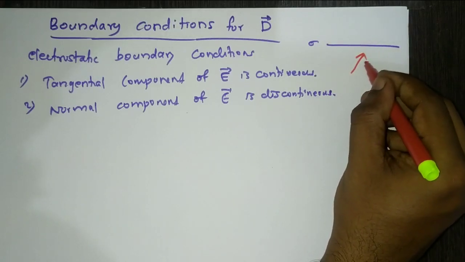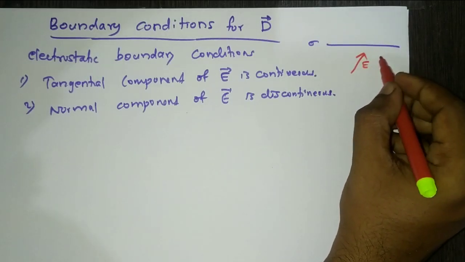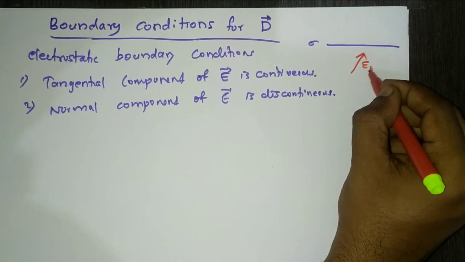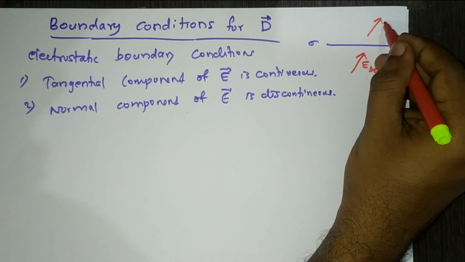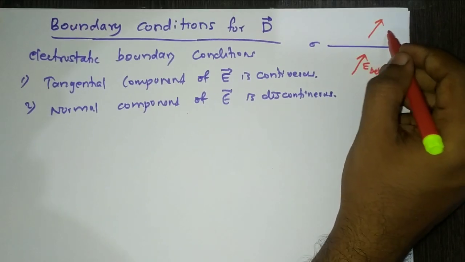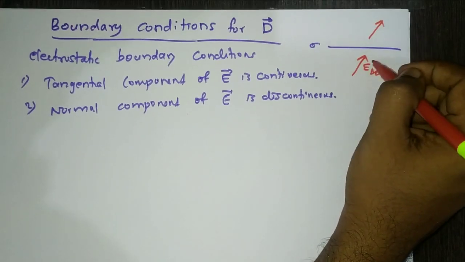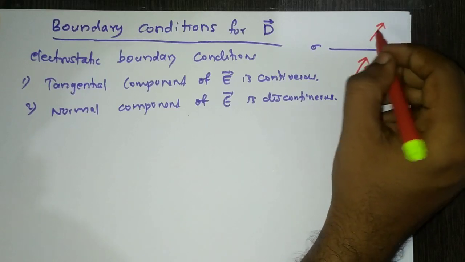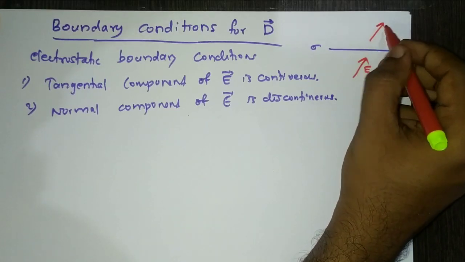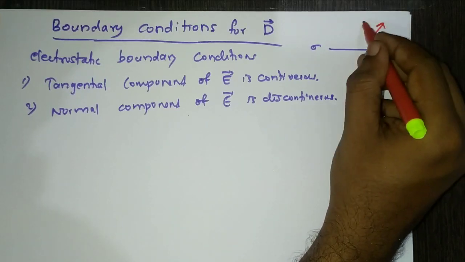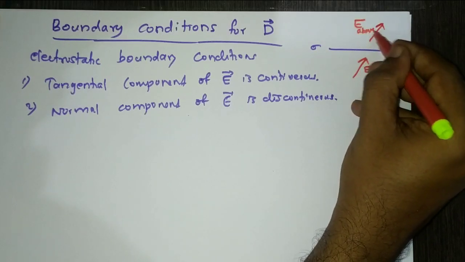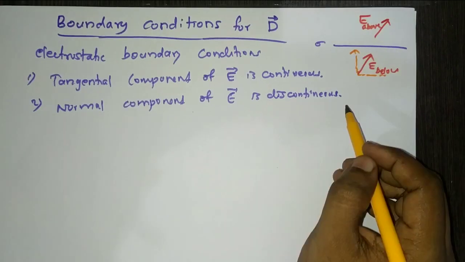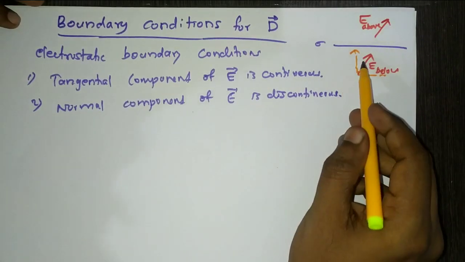Therefore, I can write this as E below, and the boundary conditions will help you to determine what will be the electric field in the second medium. That is, the electric field in the second medium can be written as E above.